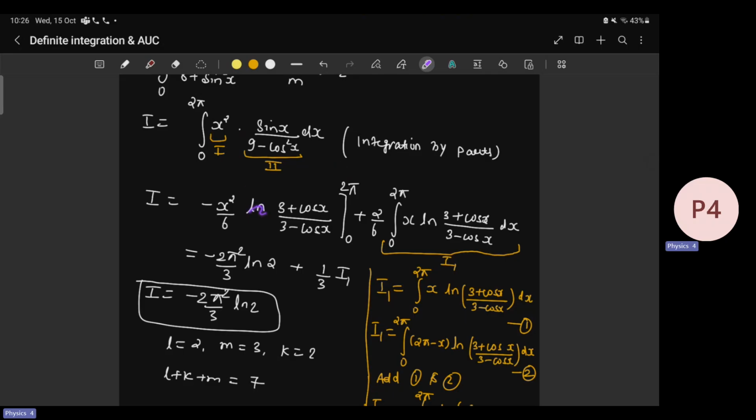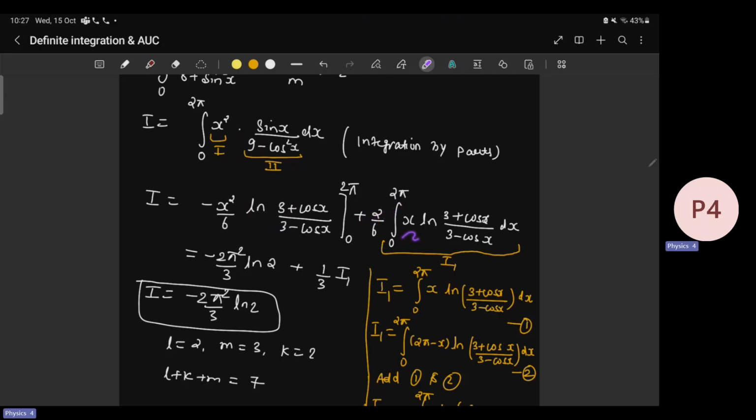So integration of this will be minus ln of (3 plus cos x) upon (3 minus cos x) upon 6. This is the integration.